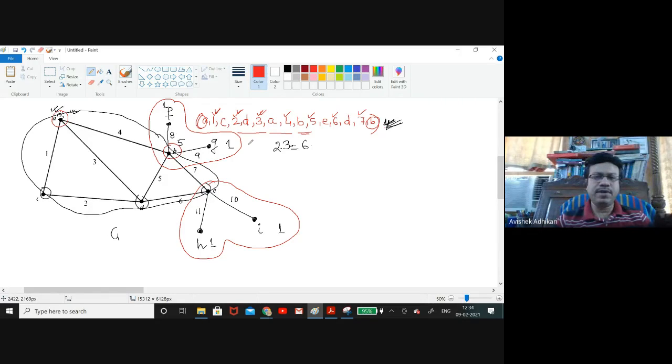So you have already found three subgraphs which are edge disjoint, and each of these subgraphs is a unicursal graph. Here you can see F, 8, B and 9.